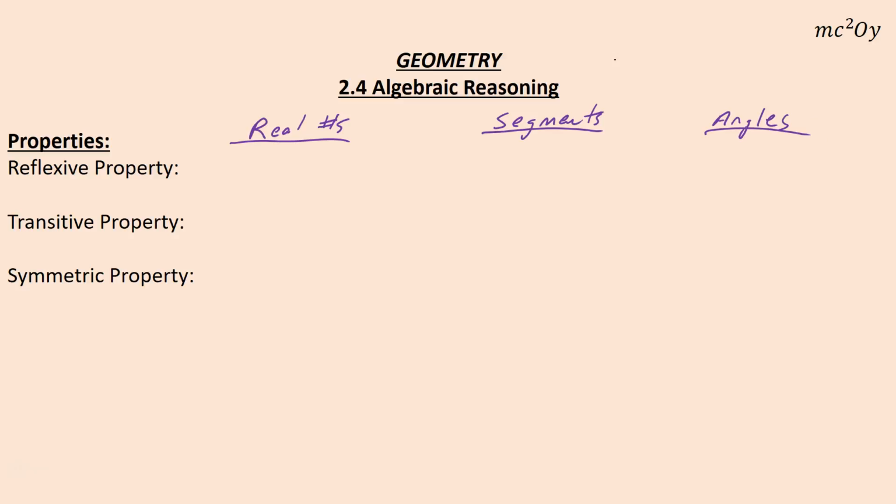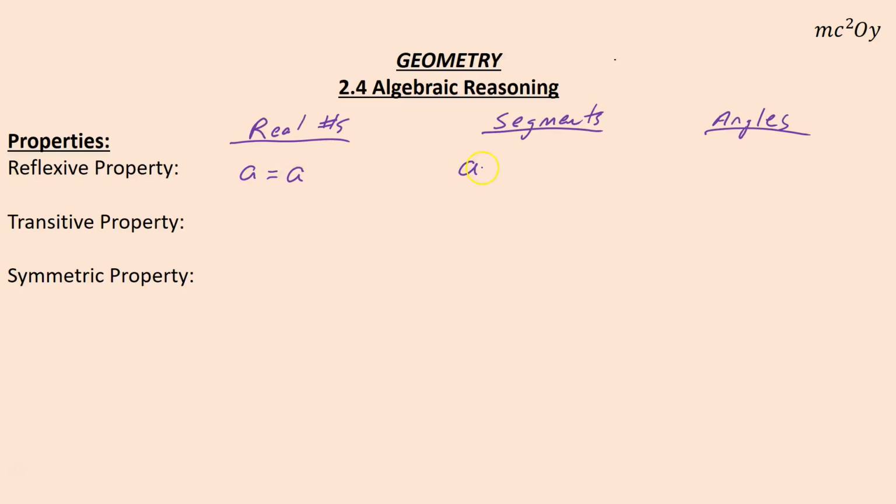So when you're writing proofs. So if I look at it in terms of real numbers, it's not a very like aha moment here for reflexive property. It just says reflexive, A equals A. It's not reflective, it's reflexive. I know that seems weird, but A equals A.